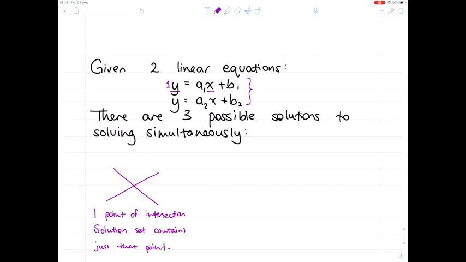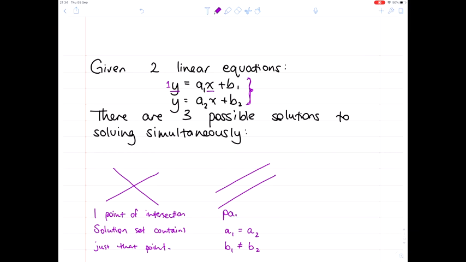On the other hand, it could be that our two lines are parallel. And in this case, if we're looking at these equations over here, this means that our coefficients of our x term are the same, but our constant terms are not.